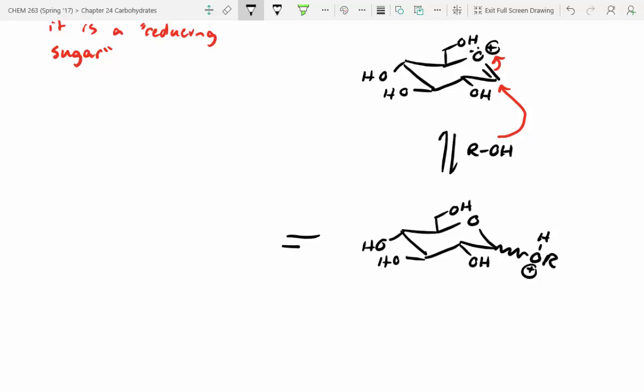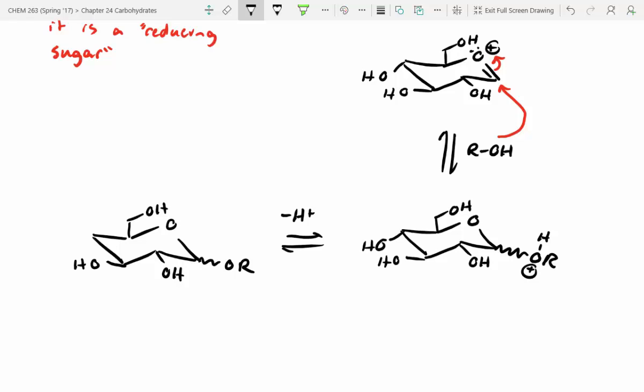And then last but not least, we can remove this proton. And we can interconvert this to a glycoside.